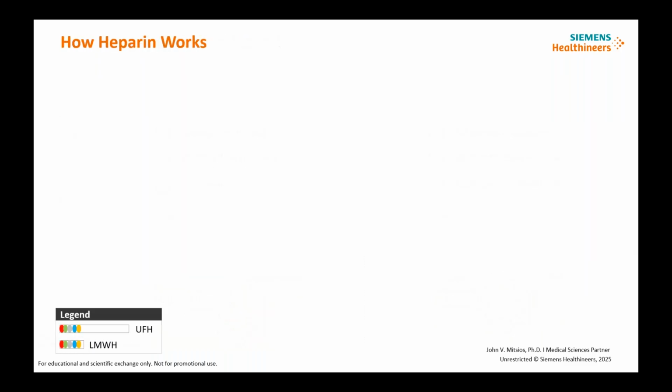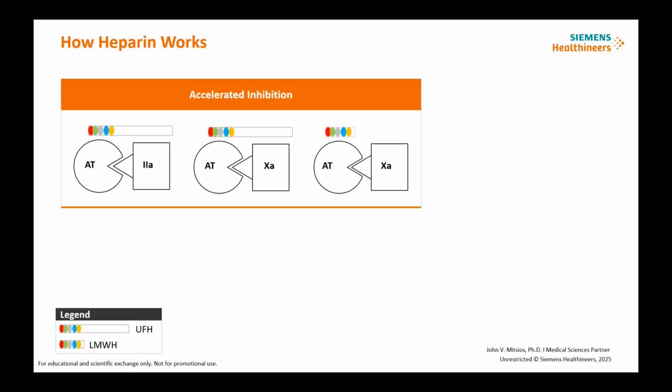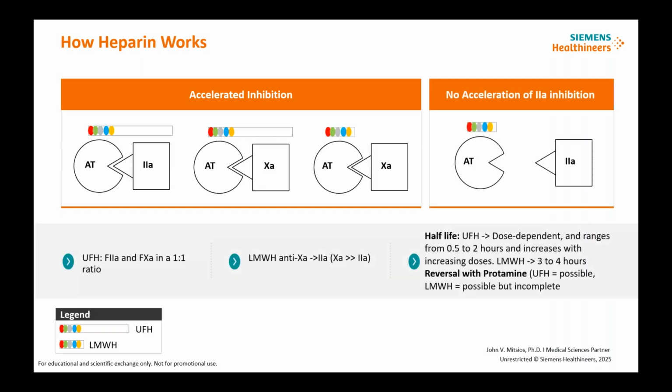But how does heparin really work? The way that both UFH and LMWH operate is that the pentasaccharide sequence allows them to form that complex with antithrombin and allows for the accelerated inhibition of both factor 2A and 10A. Interestingly, though, low molecular weight heparin has a blunted response when it comes to 2A.